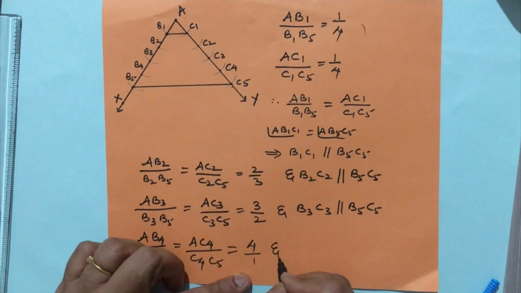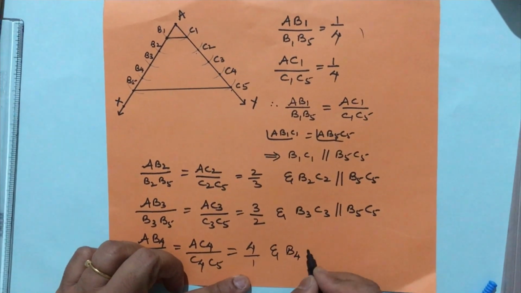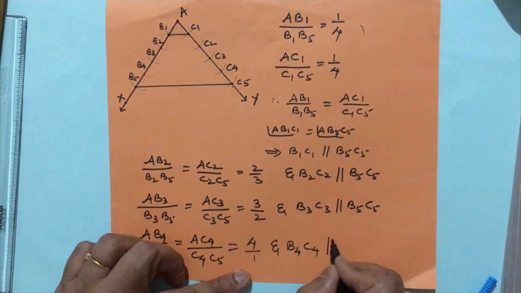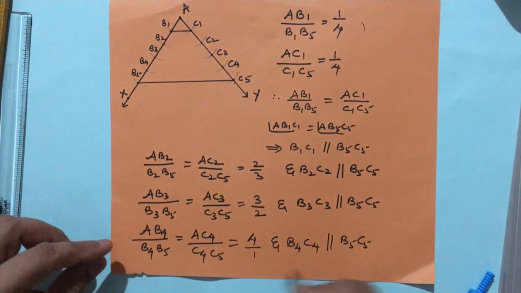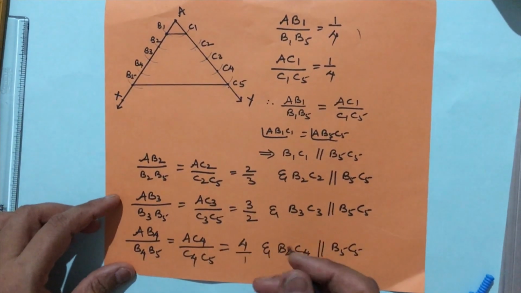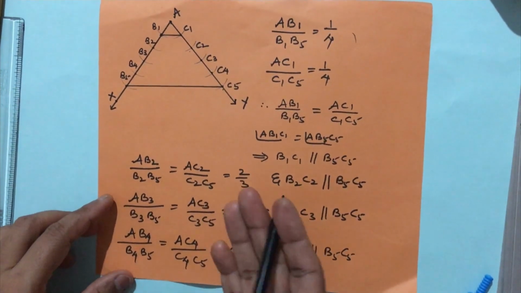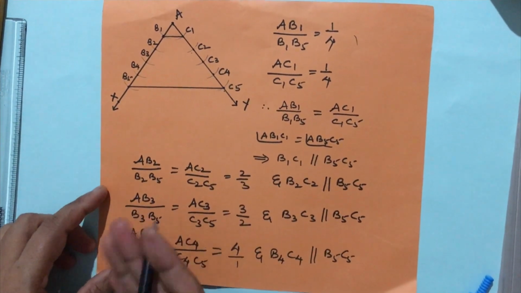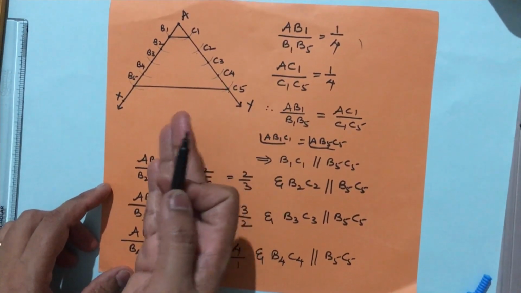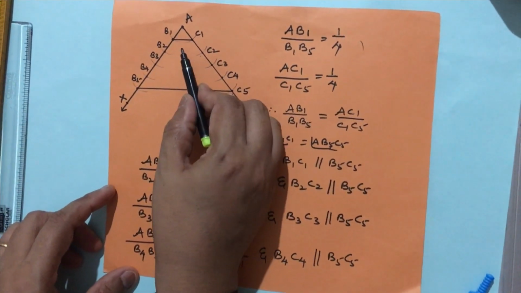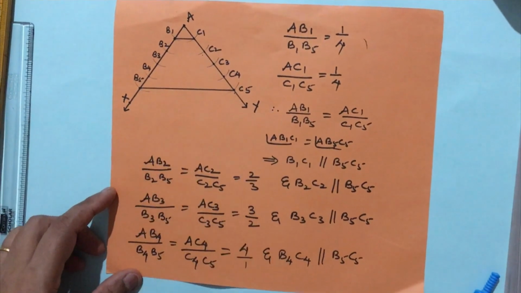And also you can say that B4C4 is parallel to B5C5. So you can see these observations by doing this activity. From this you can say that if a line divides any two sides in the same ratio, then that particular line is parallel to the third side.